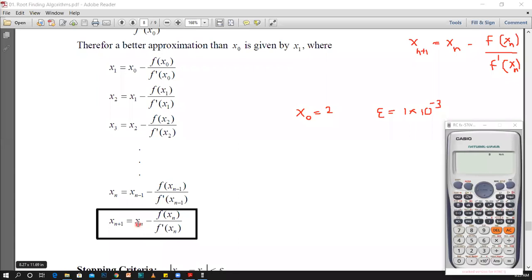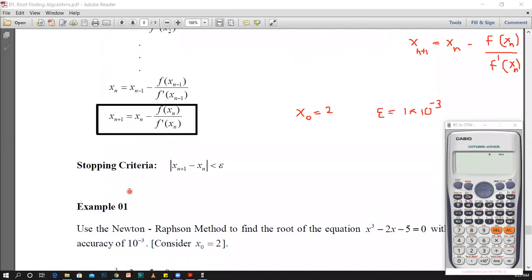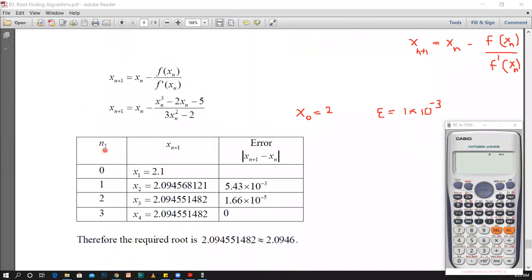Here we have the x_n value, and using this x_n value we obtain the x_{n+1} value. Initially we have given the value for x naught, therefore we have to set n equals 0. Once we set n equals 0, now we'll see how we can get this x_{n+1} value.